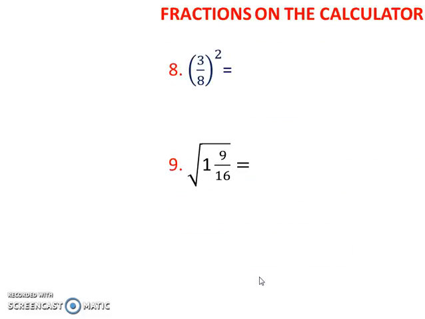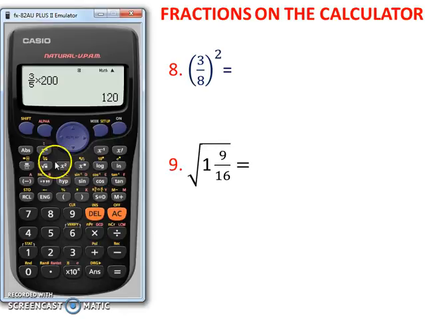The last couple of kinds of questions that you might be asked to do is to do something like squaring or putting a fraction to a power, or doing the square or cube root and so on. So with the first example, for 3/8 all squared, you need to put the brackets, and then the fraction.